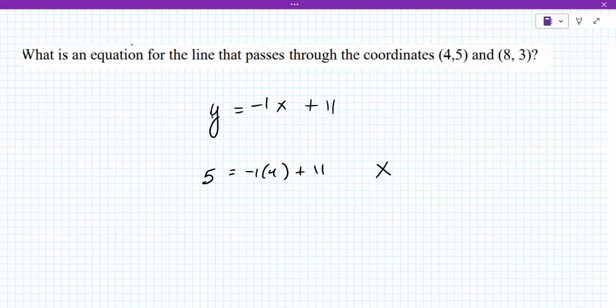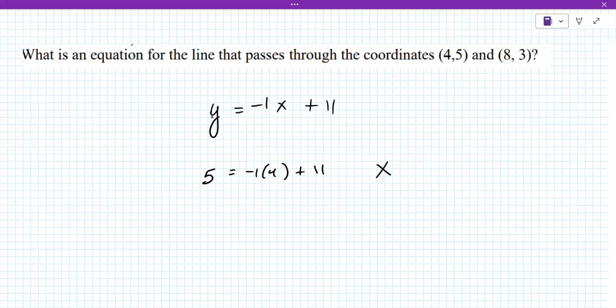3 minus 4, negative 1, 8 over negative. Oh, hold on. Okay, sorry. Let me redo that.